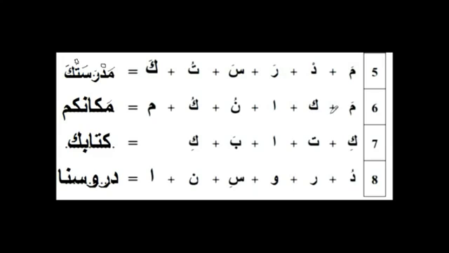Then followed by the alif, and then the noon, but not connecting to the alif because the alif is not a connector, with a dhamma on top of the noon, making the sound oo. So nu, nuk, nukum. The kaf with the dhamma on top, with the meme following the kaf. So makanukum.